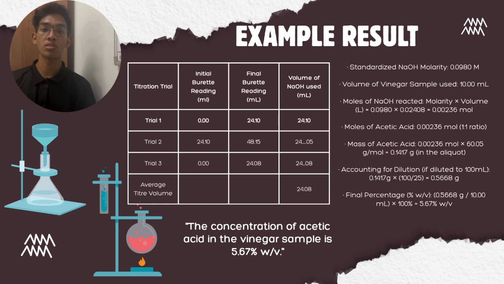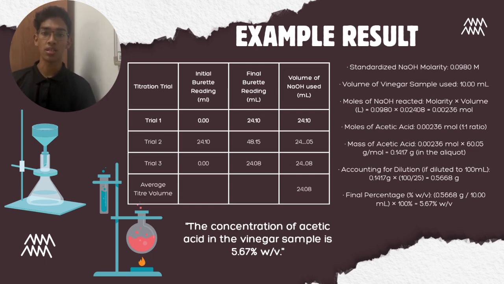The endpoint of the titration was marked by a permanent color change from colorless to light pink using phenolphthalein as the indicator. The known data includes the standardized sodium hydroxide molarity of 0.0980 molar, a vinegar sample volume of 10 milliliters, and the stoichiometric ratio of this acid-base reaction, which is 1:1.